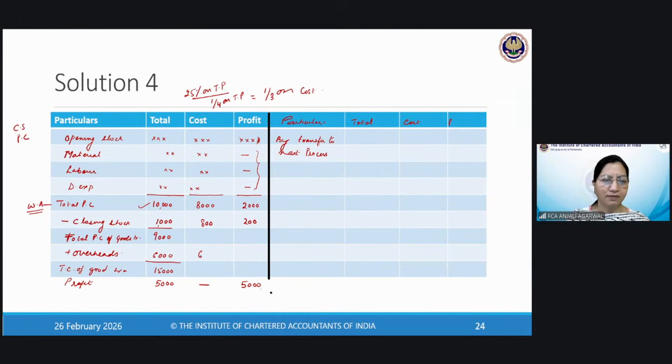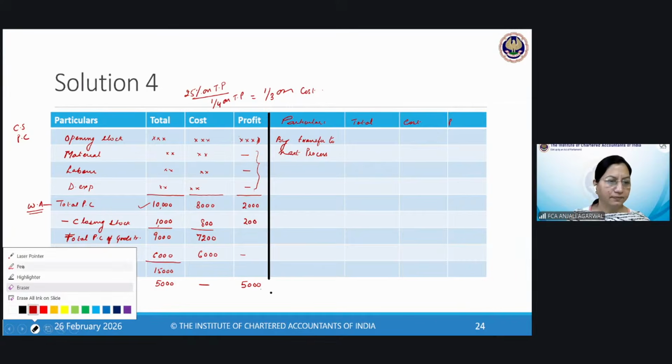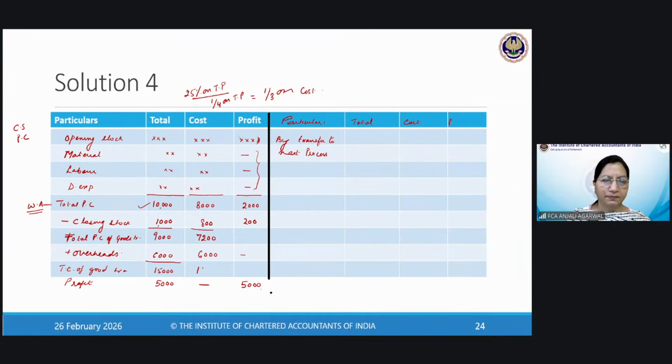So let's say 7 plus 6, 13,200, which has a profit of 1,800.